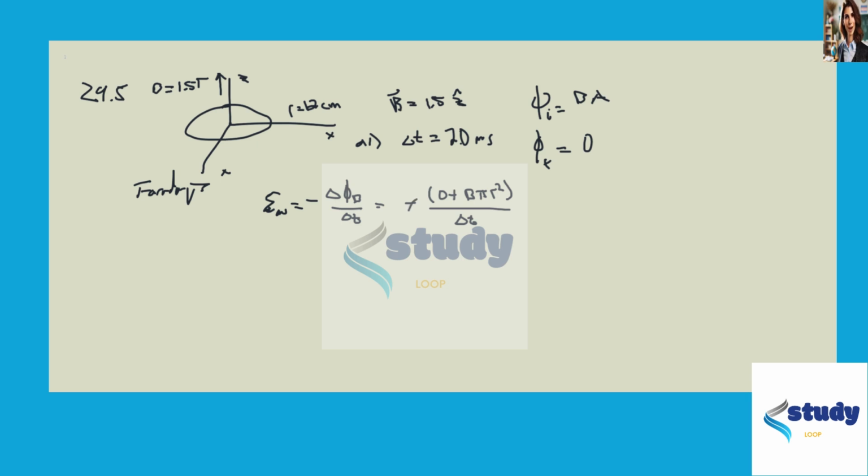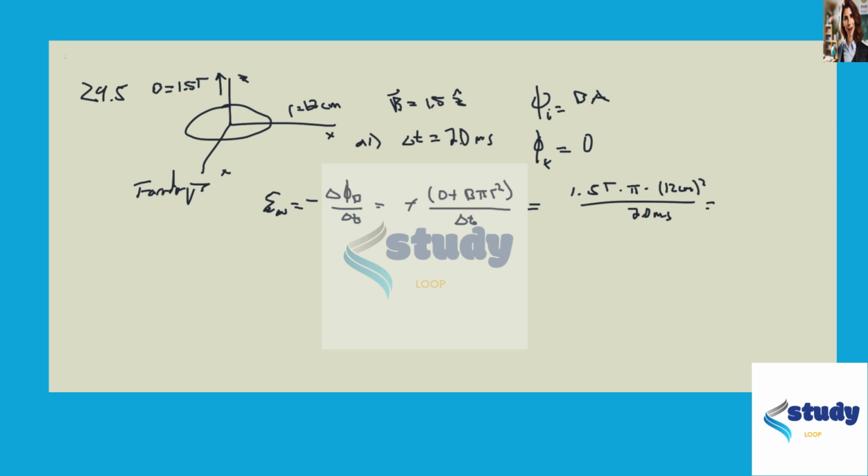We see these negatives are going to cancel, so we're left with 1.5 teslas times pi times 12 centimeters squared, all over 2.0 milliseconds.